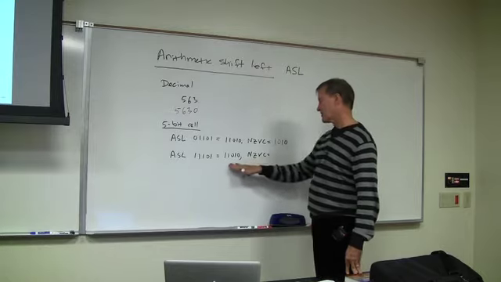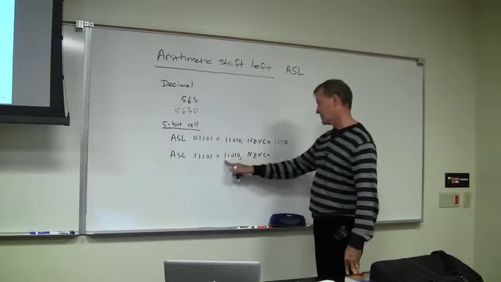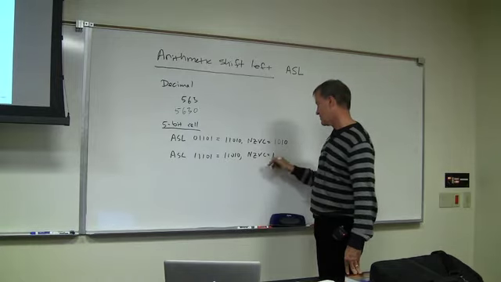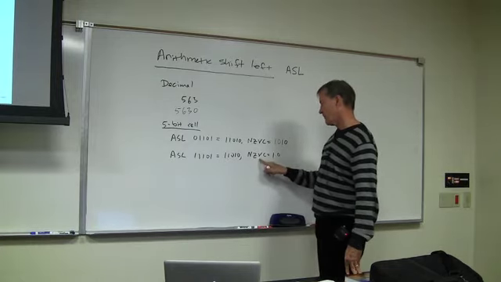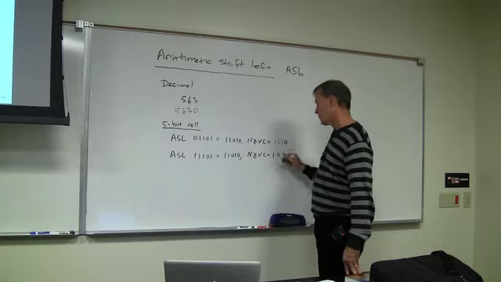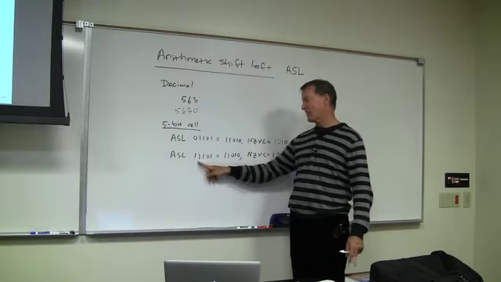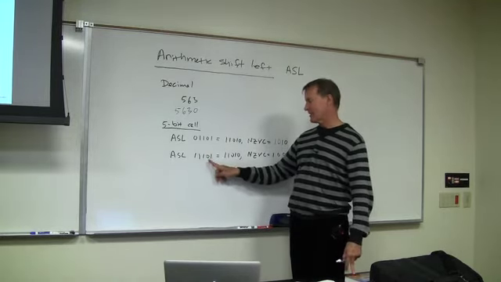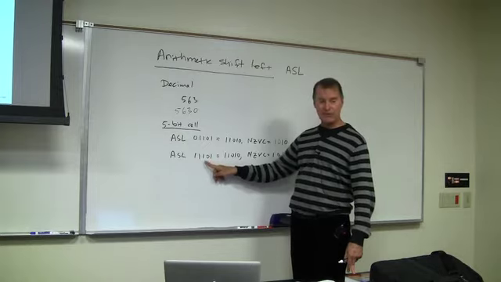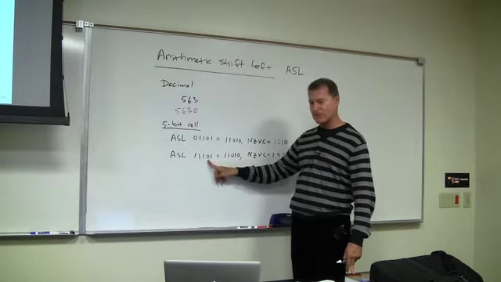And then what about this one? N is 1. Z is 0 because they're not all zeros. V is 0 because it didn't overflow. Let's do this one. What is this negative number? Remember how to do the negative numbers? It's negative 2. No, it's negative 3, because the place of this value plus 1 is 3.